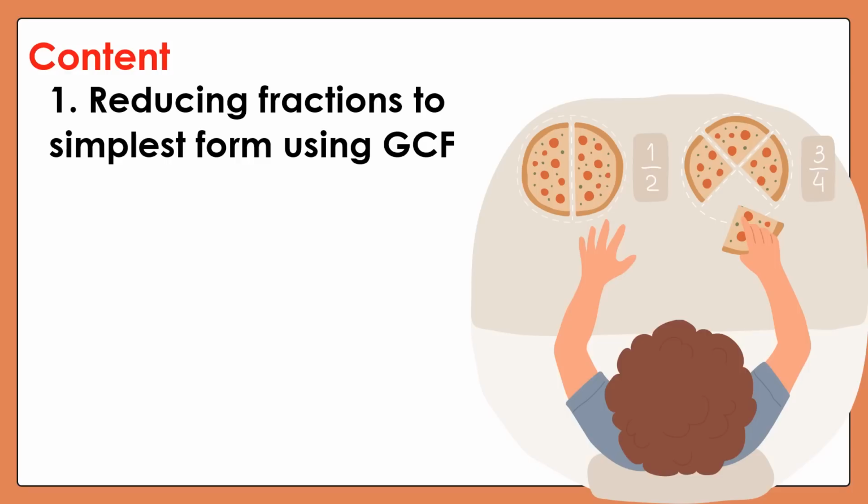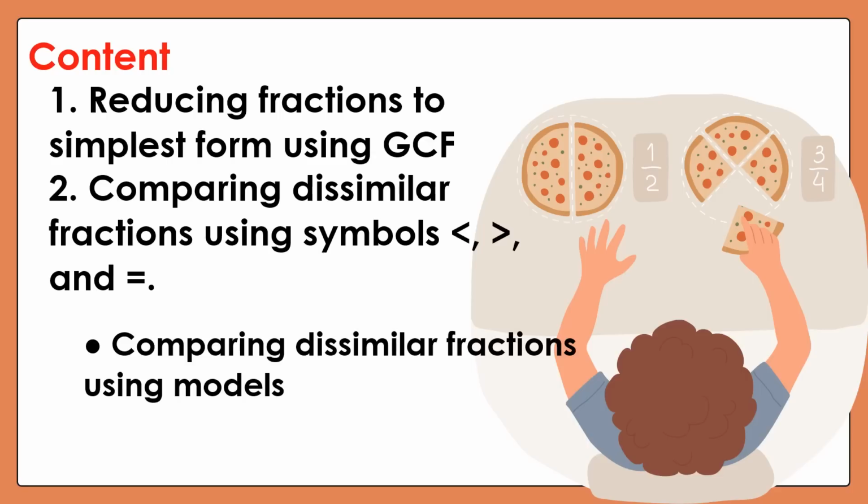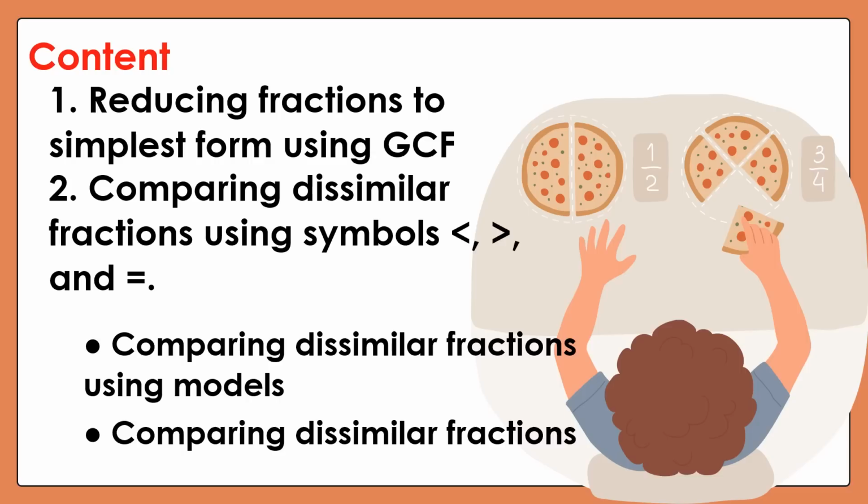Number 1, reducing fractions to simplest form using GCF. Number 2, comparing dissimilar fractions using symbols less than, greater than, and equals. Comparing dissimilar fractions using models and comparing dissimilar fractions.